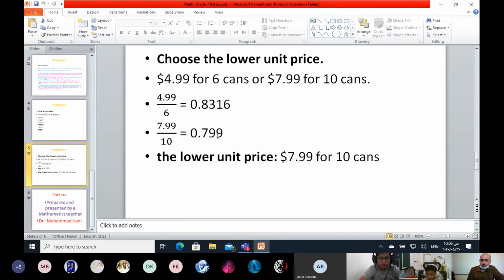Now compare the two prices: here we have 0.83, here 0.79. So this is the lower price, the best offer. I can take 10 cans for $7.99.